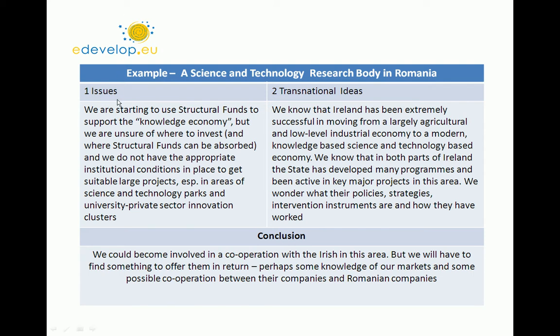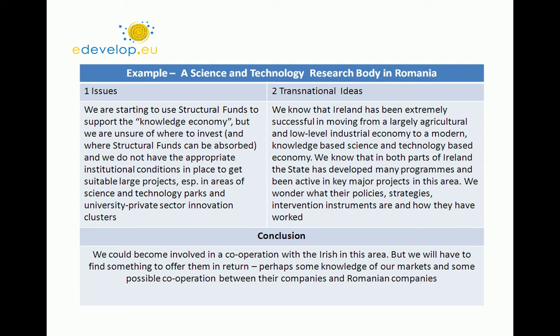It doesn't have the appropriate institutional conditions in place to get suitable large projects, and especially in certain difficult areas such as science and technology parks and university private sector innovation clusters. These are areas where it's notoriously difficult and takes a lot of effort and a lot of time to develop appropriate projects.